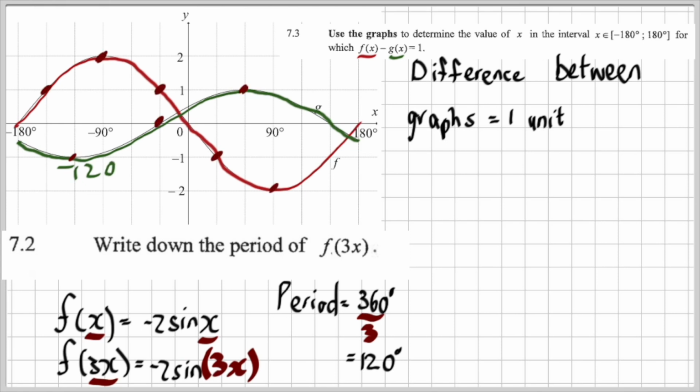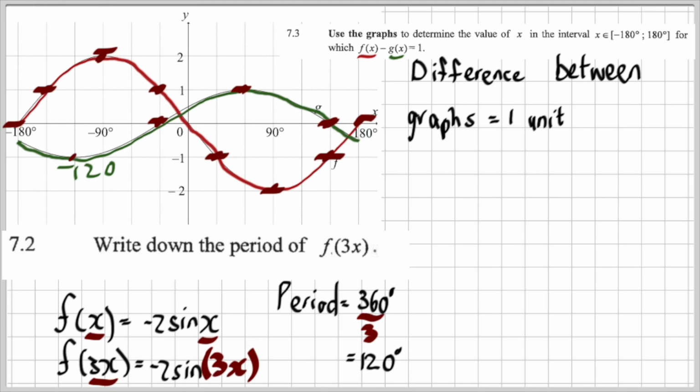Then I have highlighted a lot of other points. I've got 1 there, 2 there, 1 there again, 0, 1, negative 1, negative 2, negative 1, 0, and 1. And I forgot negative 180 there. Okay? And what am I looking for? I'm looking for a difference between the graphs of 1 unit.